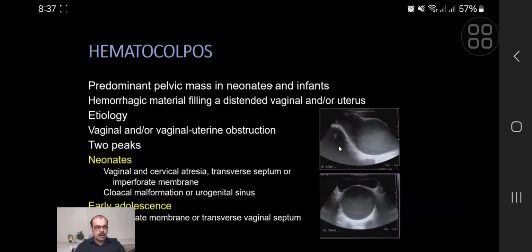Then we have another pathology which can present with acute abdominal pain or a pelvic mass, and that is hematocolpos, in which hemorrhagic material fills and distends the vagina and or uterus, depending on the severity of the problem. Normally we have two peaks.